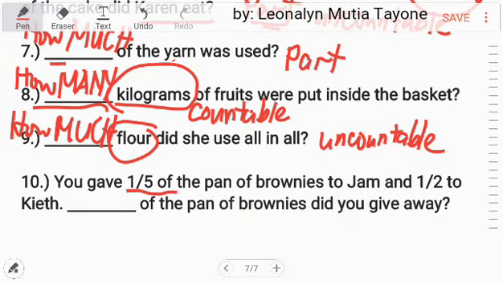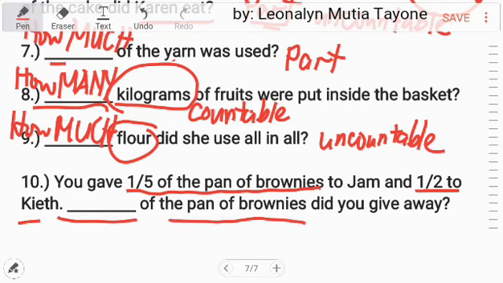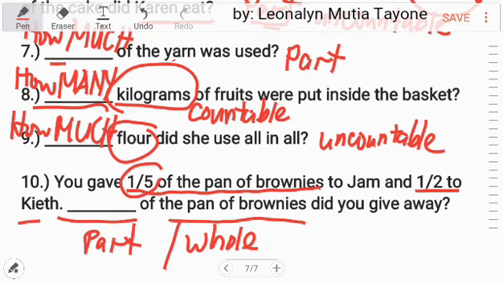Next, yung number 10 natin. You gave 1/5 of the pan of brownies to Jam and 1/2 to Kate. How much or how many of the pan of brownies did you give away? Para maka-identify ka kung how much ba or how many, part ba siya or isang buo? 1/5 of the pan, yung isa ay 1/2 sa the same pan.